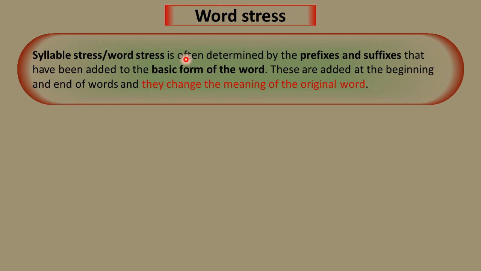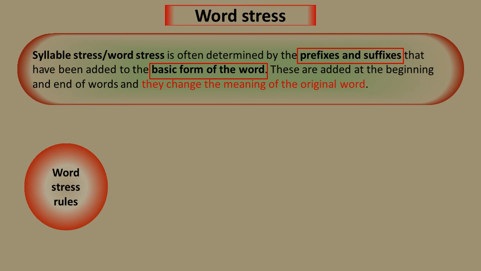Syllable stress or word stress is often determined by the prefixes and suffixes. So here you have to learn one thing: the knowledge of prefixes and suffixes is very necessary. Keep this point in your mind.